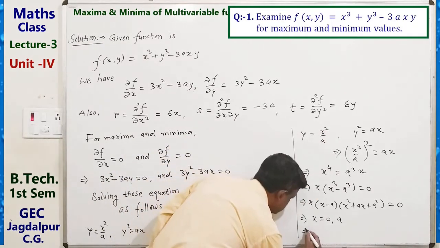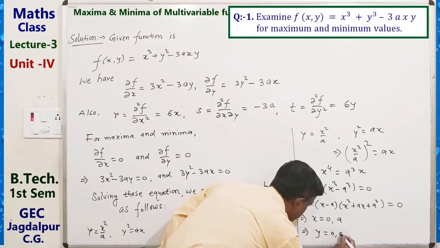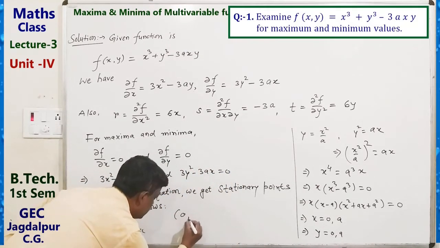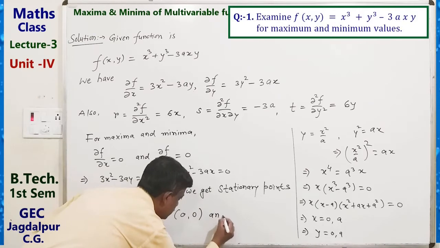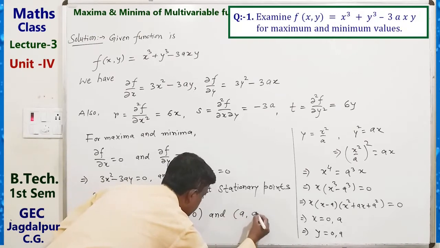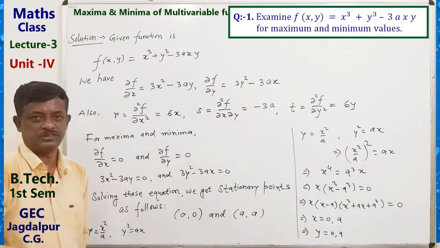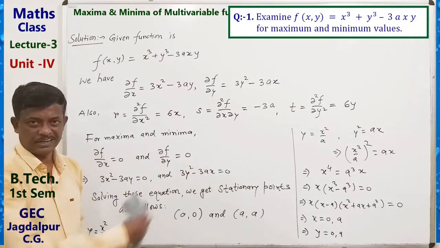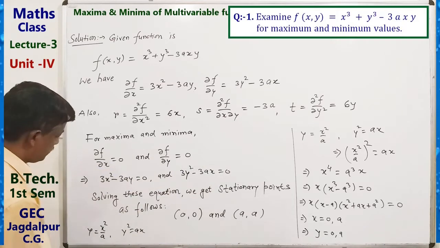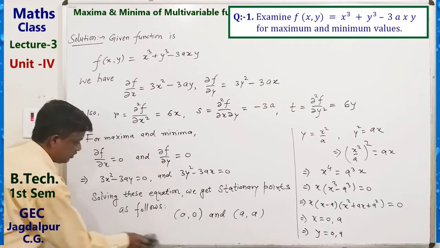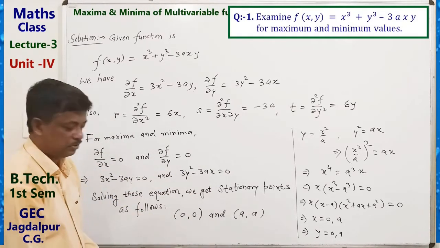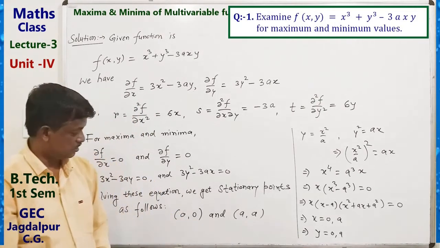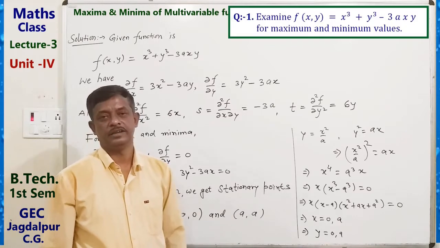So corresponding to y equals 0 and a, the points are 0, 0 and a, a. These are the two stationary points. This is the first point, this is the second point. Stationary points at 0, 0 and at a, a.